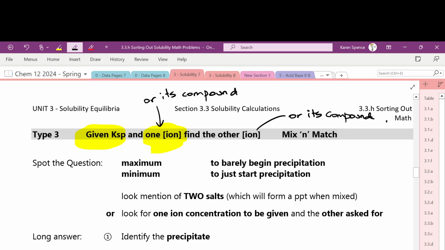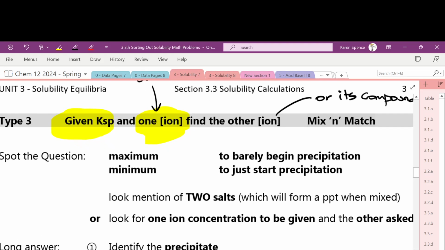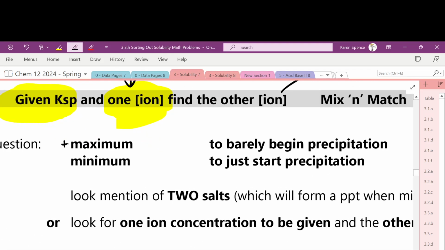So these will almost all contain either the words maximum or minimum or barely begin to precipitate or just start to precipitate or without precipitating.